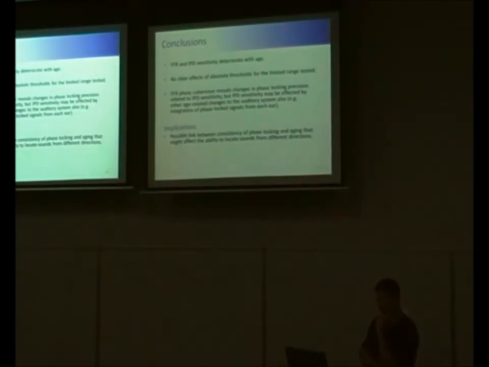So maybe interaural phase discrimination and age, and how that relates to locating sounds in different directions, is modulated by some high level processing in the brain that doesn't show up well from the very low level neural synchronicity. That makes some sense. Stop there.